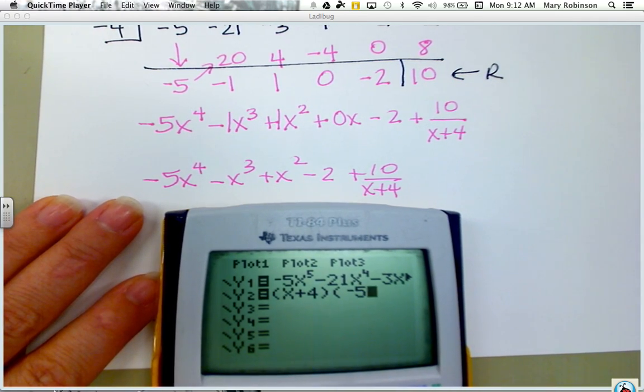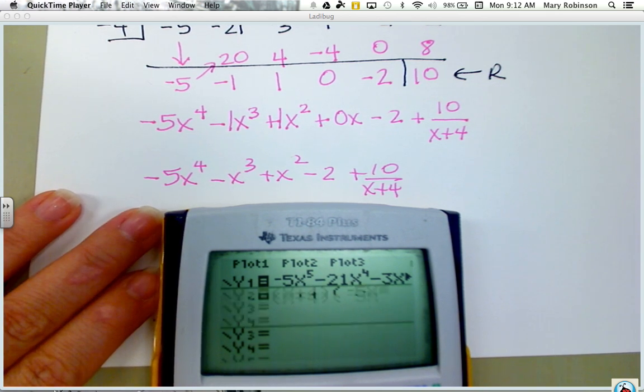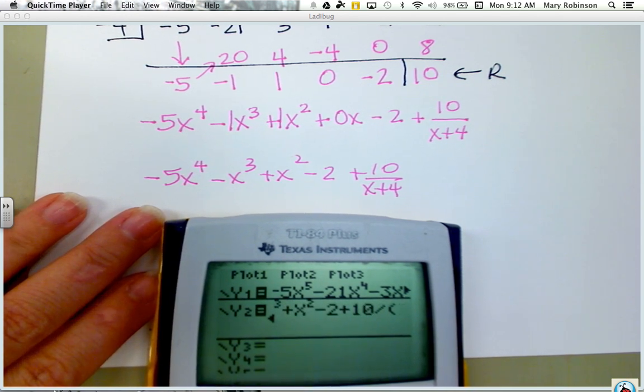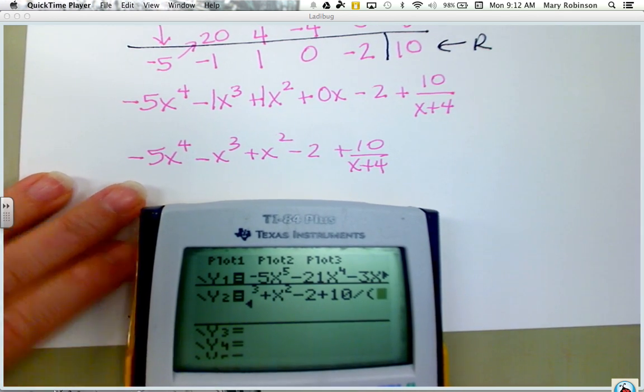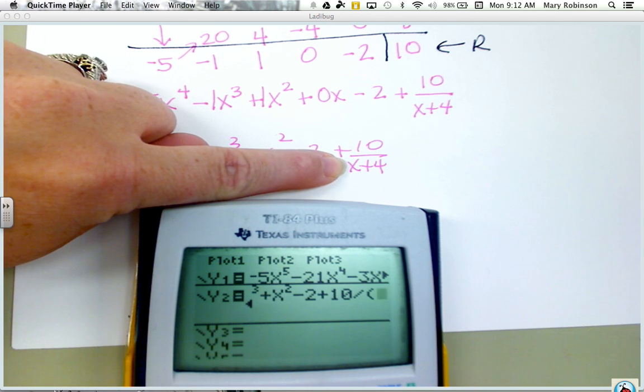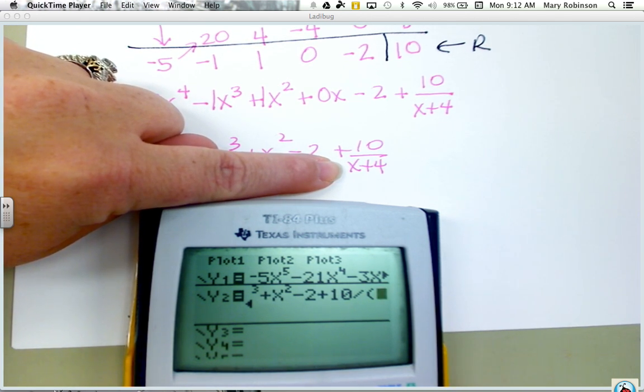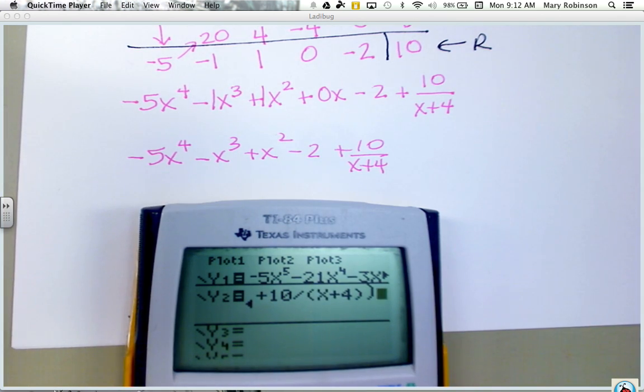Negative 5x to the 4th minus x to the 3rd plus x squared minus 2 plus 10 divided by, and remember what I said in the last video, when you do your remainder, you need to put parentheses around the denominator here in your remainder. So x plus 4 will go here in parentheses, but then you need one more set of parentheses to close off the quotient.